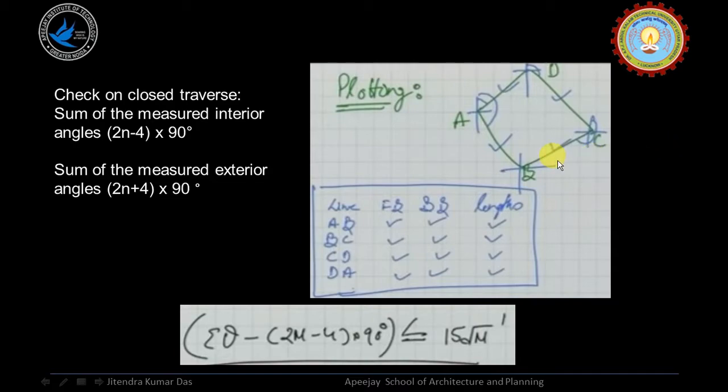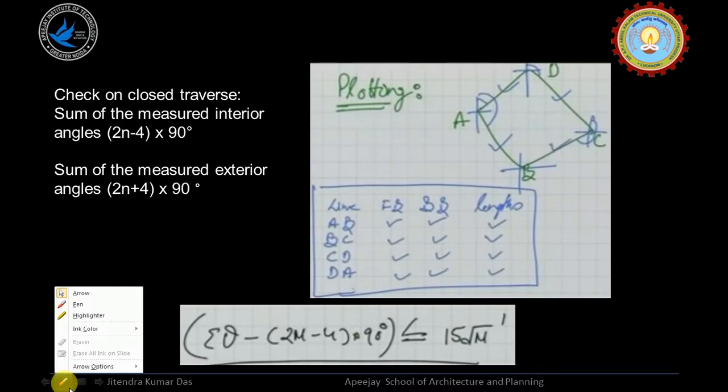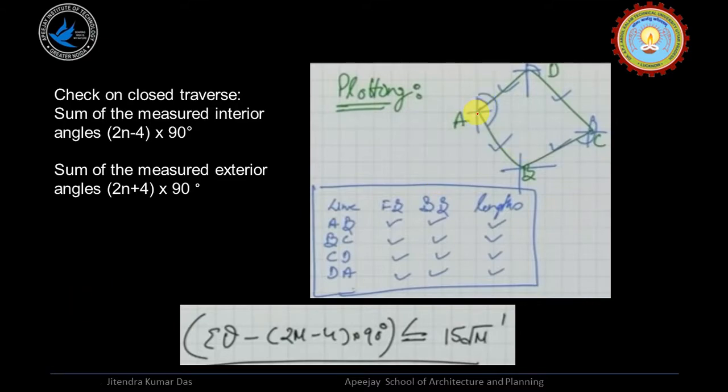Now, if there is an error, how can we find it? Suppose there are 4 points, A, B, C and D, and we are traversing from A to B, B to C, C to D and D to A, and we can find the internal angles.